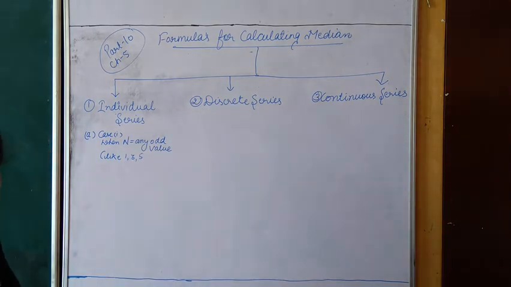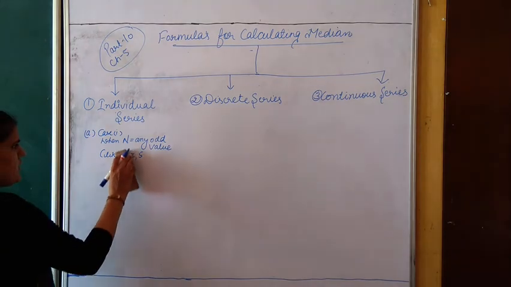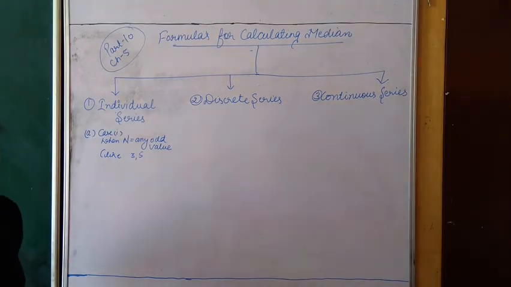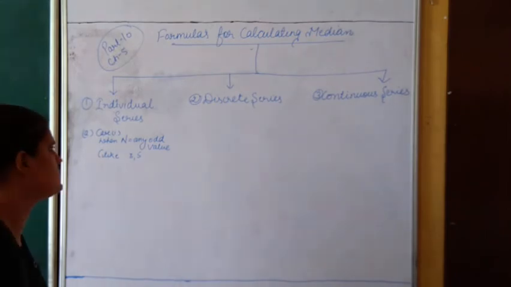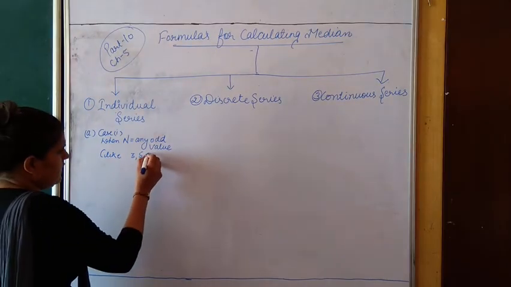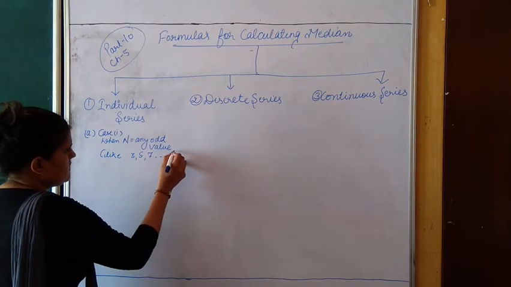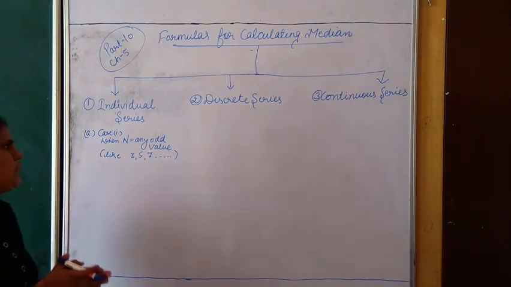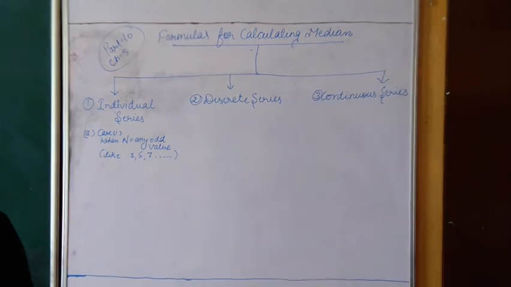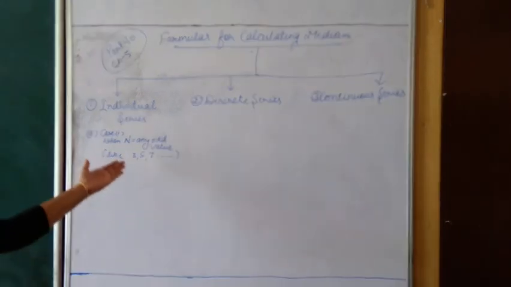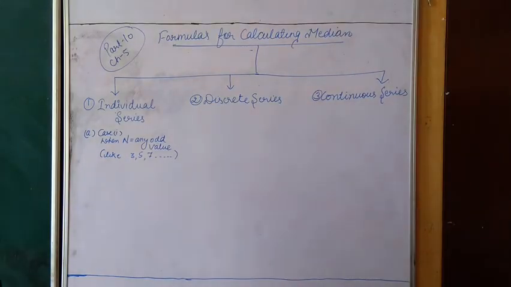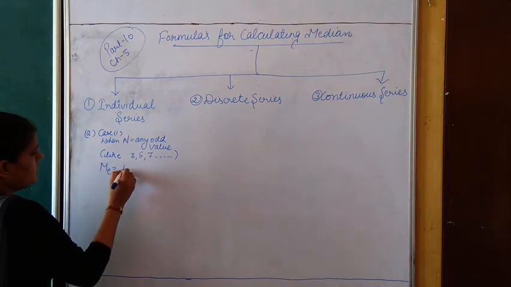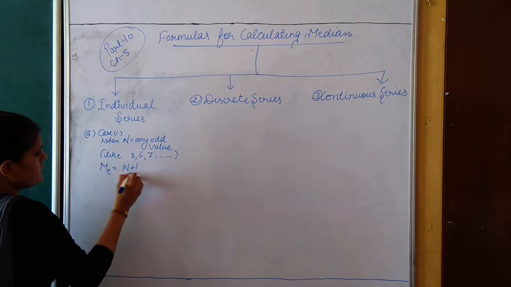Leave out 1, because if only one value is there, then what is the use of finding the median? So we can start from 3, 5, 7 and so on. This is our first case, when n is any odd value starting from 3 onwards.